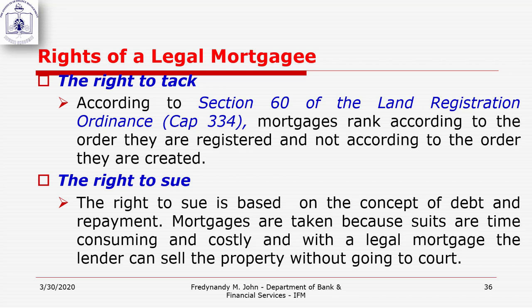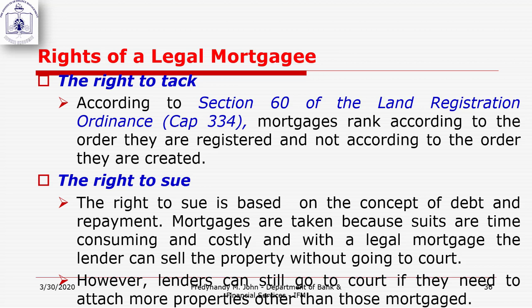But since court procedures are costly and take some time, the creation of a legal mortgage allows the banker to sell the asset without having to go through the court procedures. So mortgages are taken because suits are time consuming and costly, and with a legal mortgage the lender can sell the property without having to go to court.